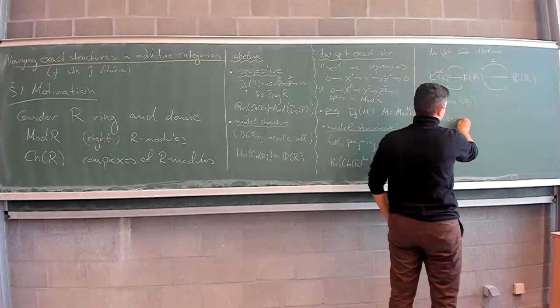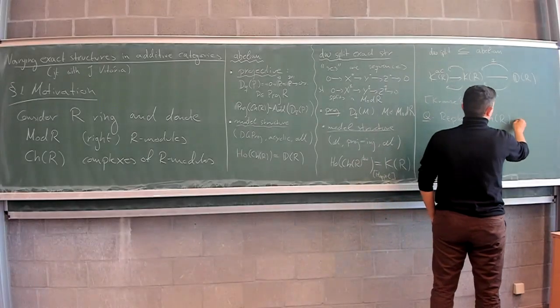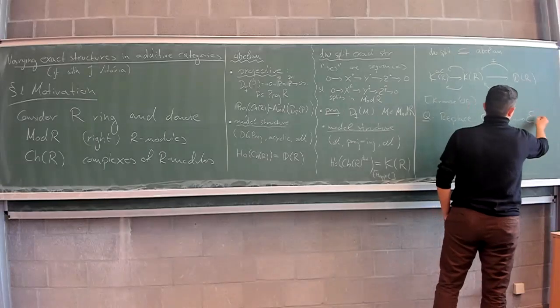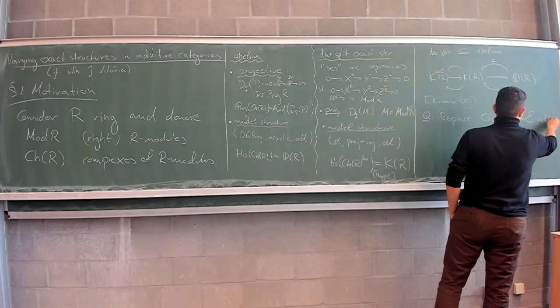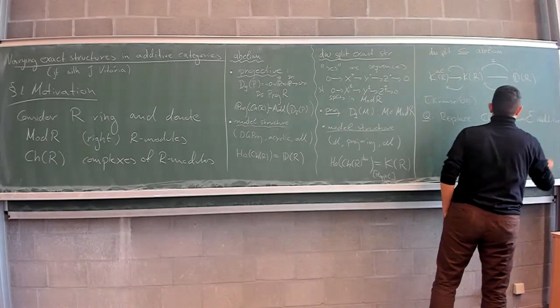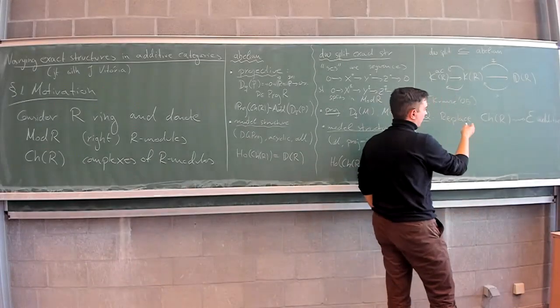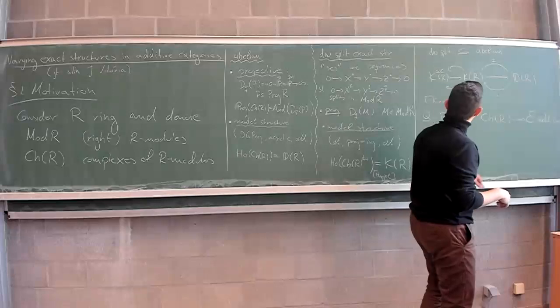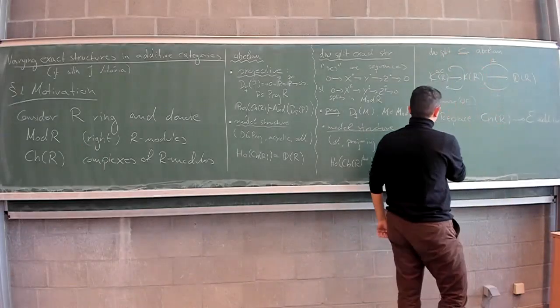So the question is, if I replace complexes with some exact category E, and in this additive category, I assume two exact structures that behave like this. Okay?